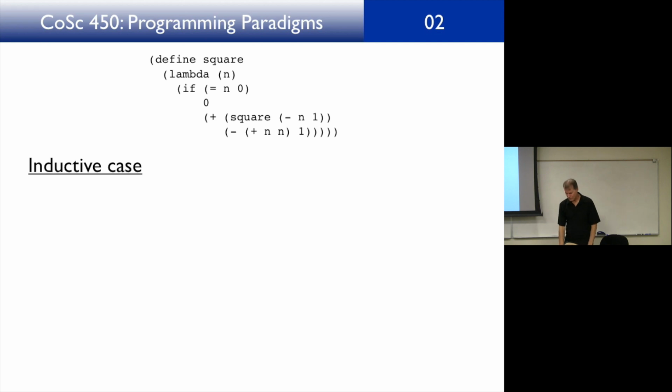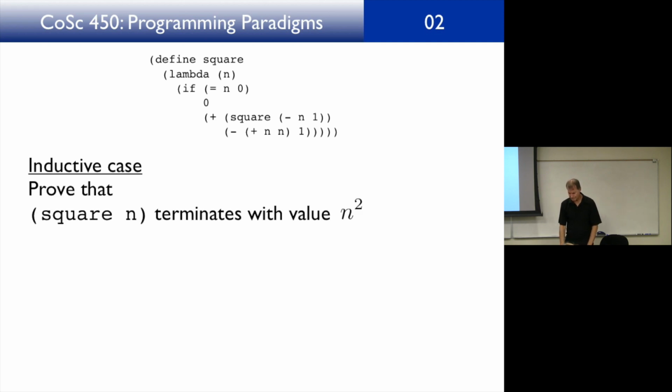You remember how we have to set that up? I'll give you the first part of it. Prove that square n terminates with the mathematical value n squared. That's what we have to prove.